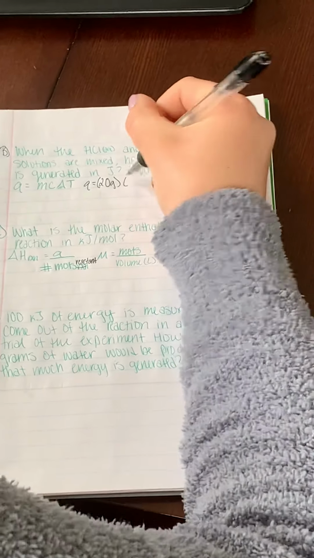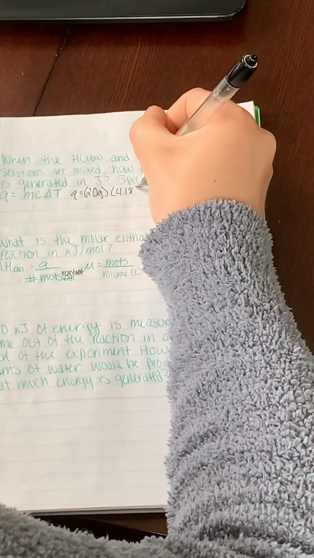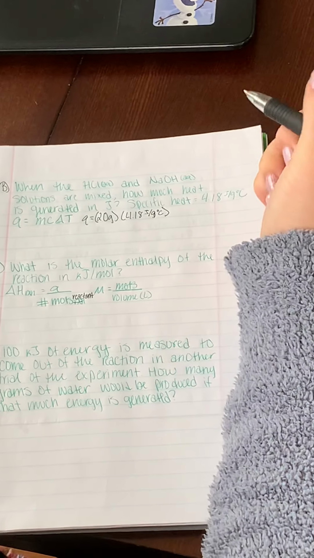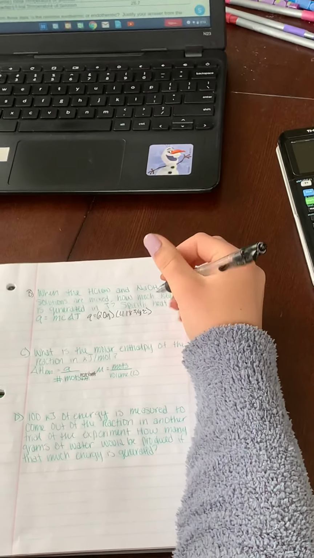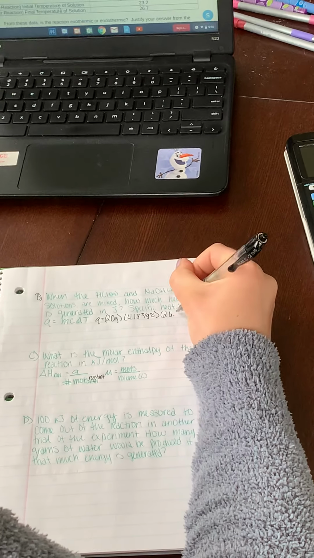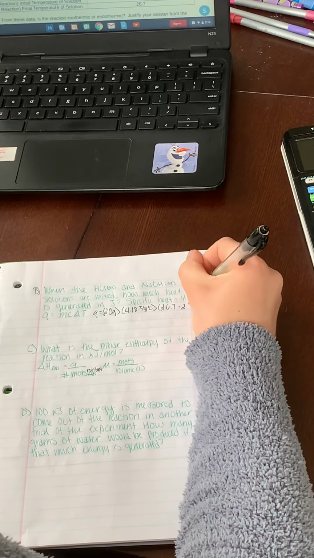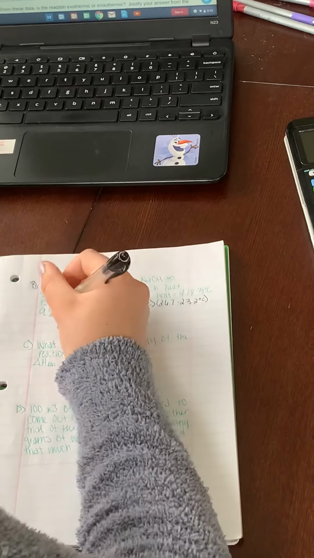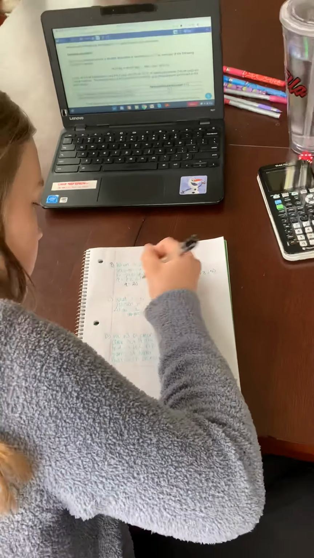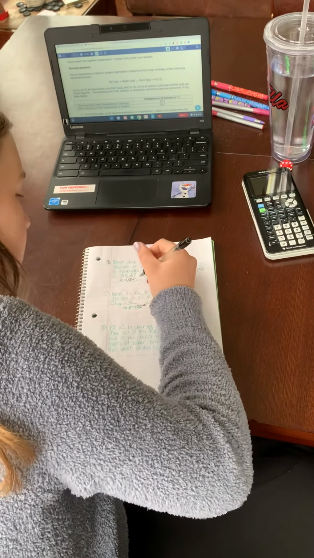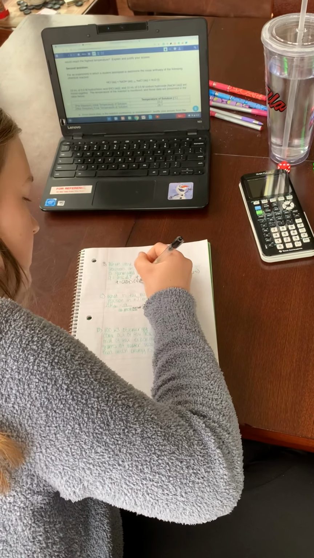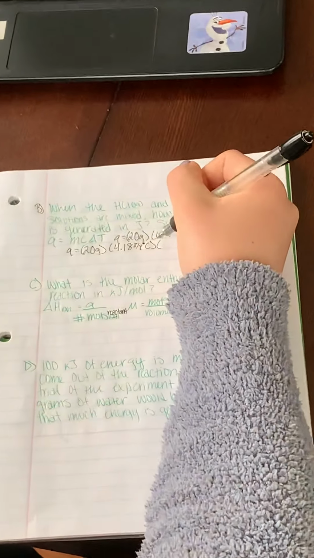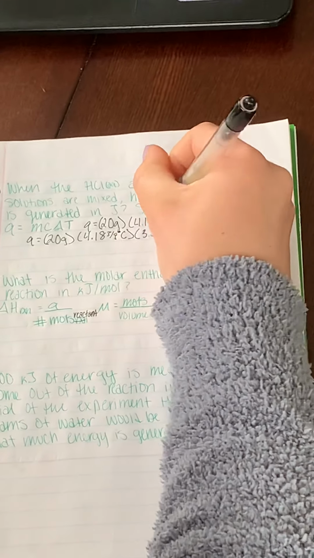And then it gives us the specific heat, which is 4.18 joule per gram degrees Celsius. And then the temperatures it gave also in the earlier problem, which is 26.7 minus 23.2, because you're going to subtract the initial temperature from the final temperature. So when you subtract the temperatures, you're going to get 3.5 degrees Celsius.